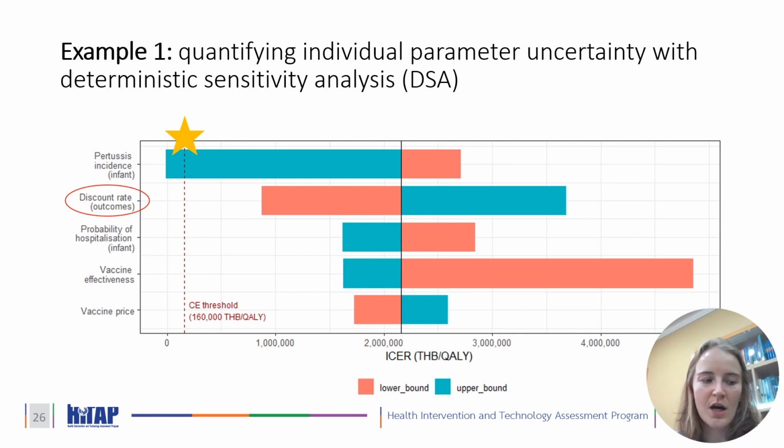So what you see on the screen is in our analysis the 5 parameters that had the greatest impact on results. Note that normally for the methodological uncertainty analysis as well, you can put in these factors. So for example, discount rate is circled here. You can put them in the deterministic sensitivity analysis. What's important to note here is that for us, even though these are the top 5 parameters which have the greatest influence on results, the only one which actually changed whether or not the intervention was cost effective was pertussis incidence.